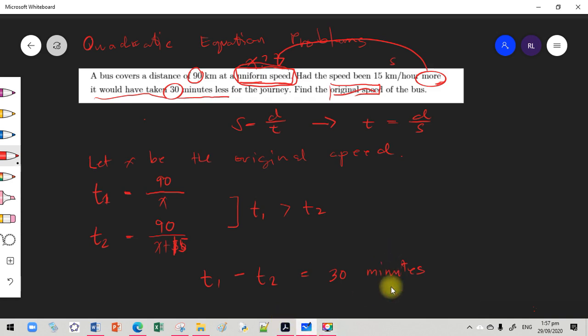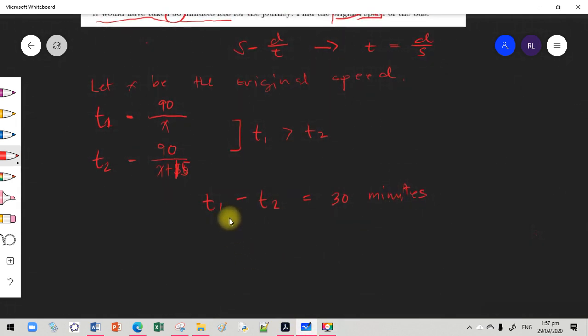So let's continue, substituting. Our t sub 1 is 90 over x minus our t sub 2, 90 over x plus 15, equals, since our speed is expressed in kilometers per hour, these minutes should also be converted into hours.